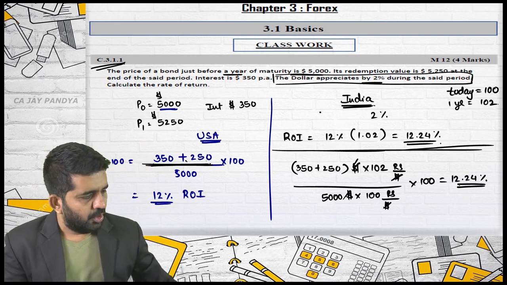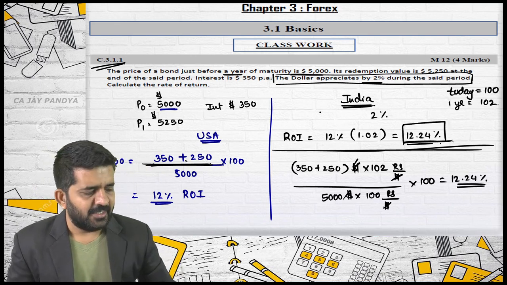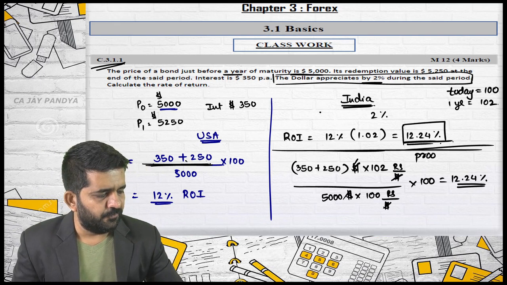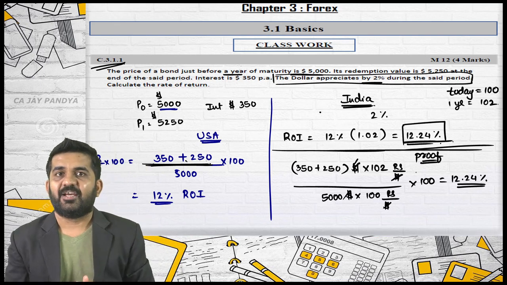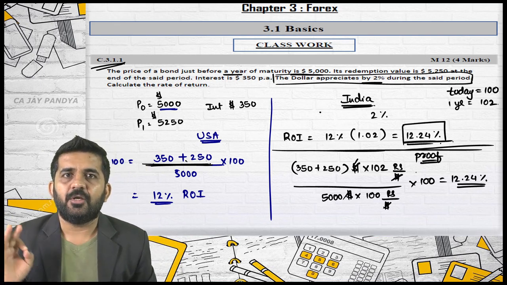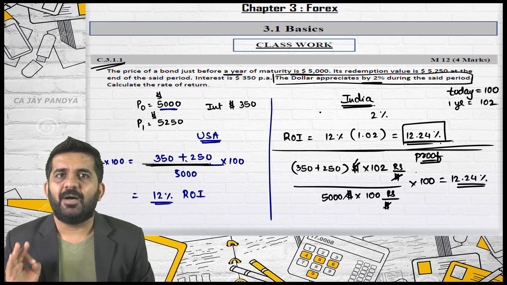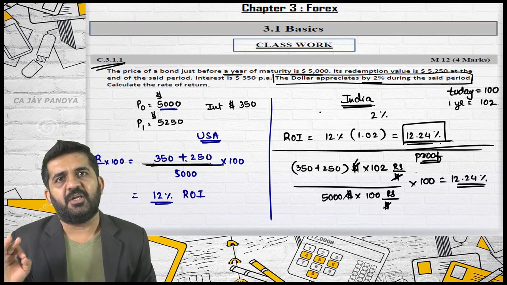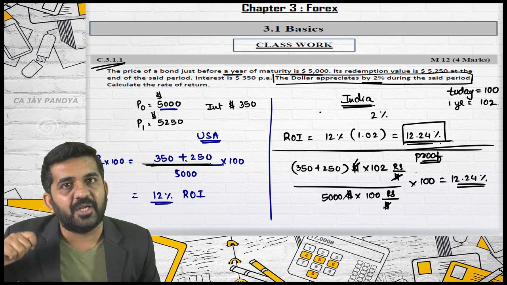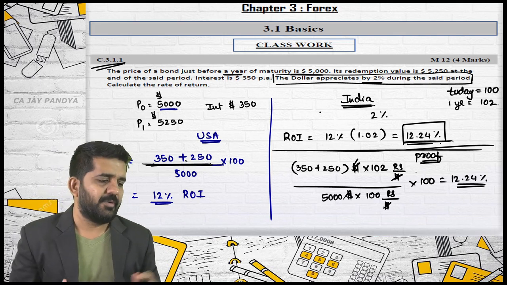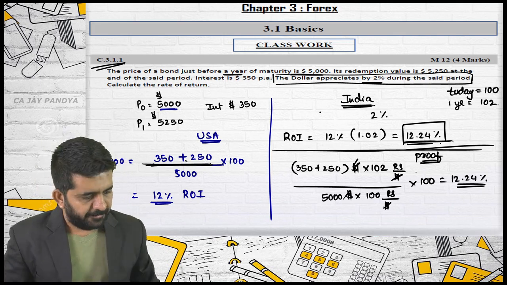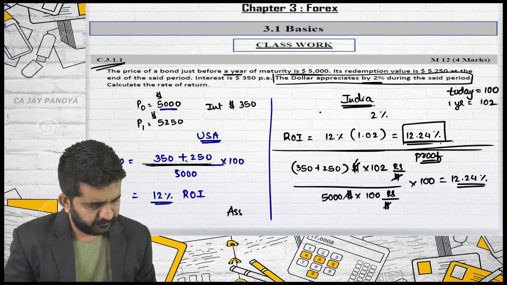Is it alright? So here it was the same answer. This is just a proof that this answer is absolutely correct. If your dollar appreciates by 2%, your return will appreciate by 2%. You can directly add 2% to it and you will be getting the answer.